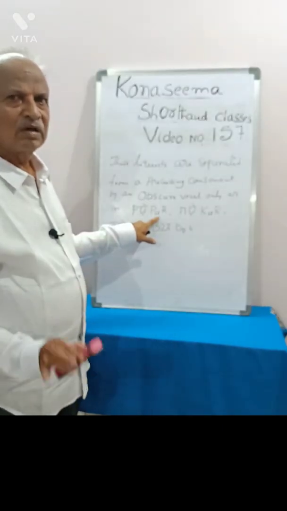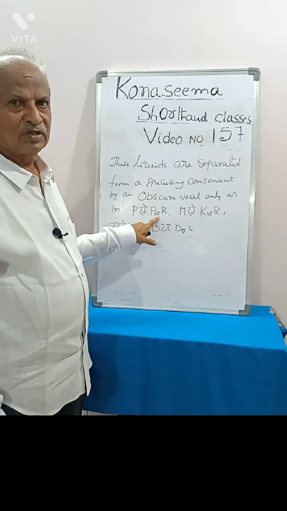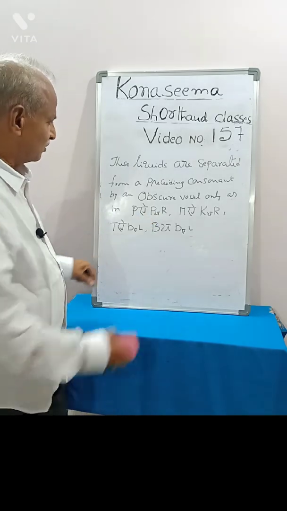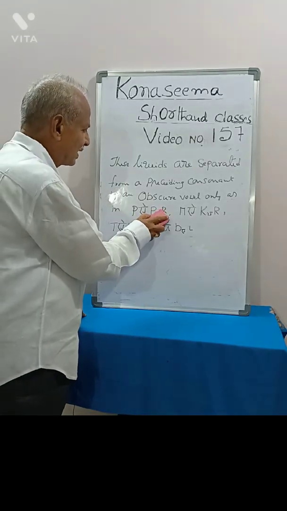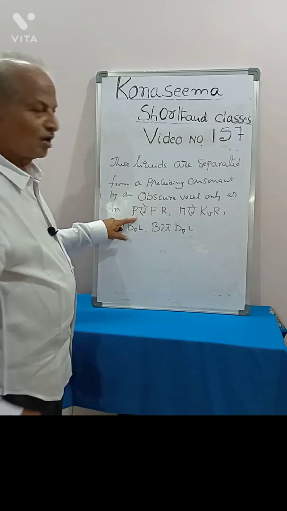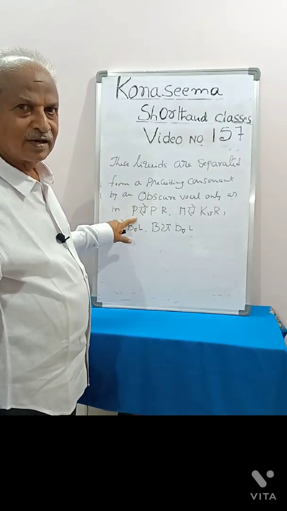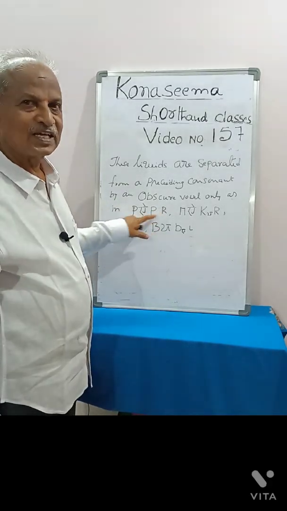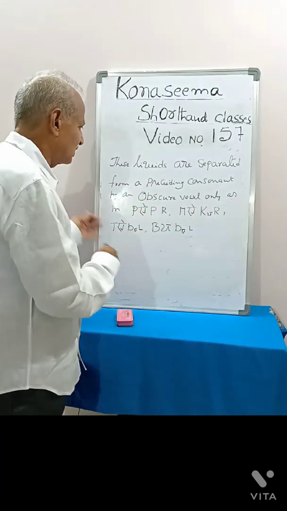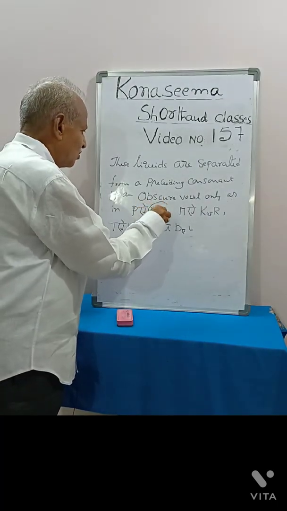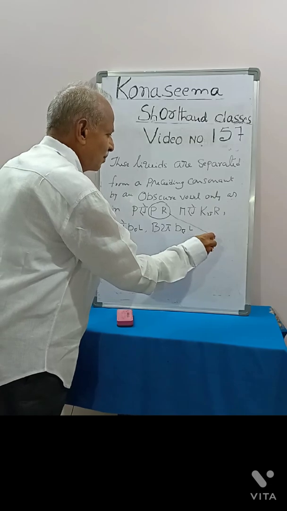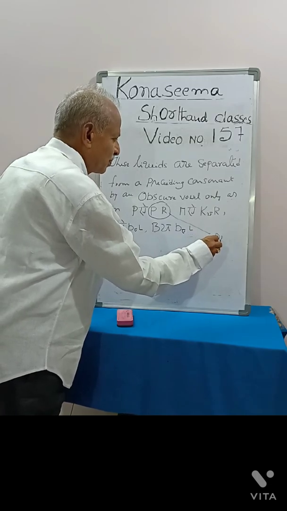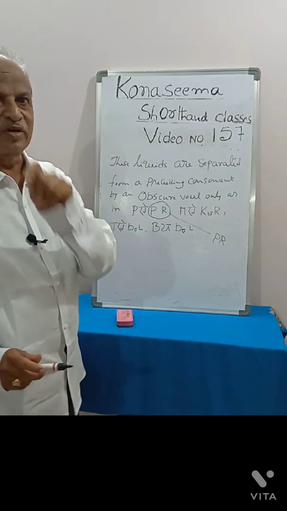Obscure means not well known, a very lightly sounded vowel. Whether we put it here in paper or not, we don't bother. Automatically we can write paper, we can pronounce it as paper. So this per will be pronounced as per. It is a syllabic name.